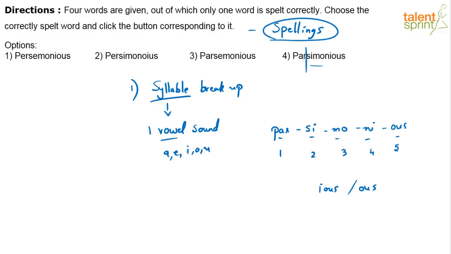For spellings, the best thing to do, again, you either know the answer or you don't know the answer, right? However, you can still apply the syllable breakup approach. Break the word into the syllables by which you know it's pronounced.